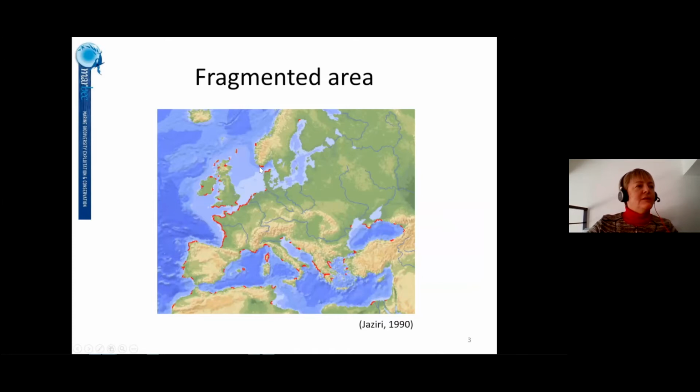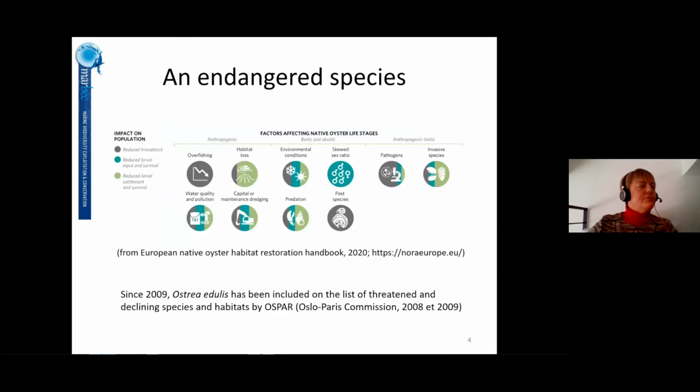You can see on this map the red area where the species is supposed to be present. In France, for example, the species is still present in several areas, but found only in Brittany. And there are several problems for this species, and it has been included since 2009 on the list of threatened and declining species and habitats by OSPAR.